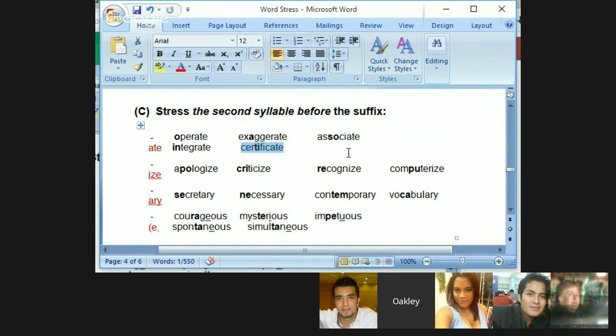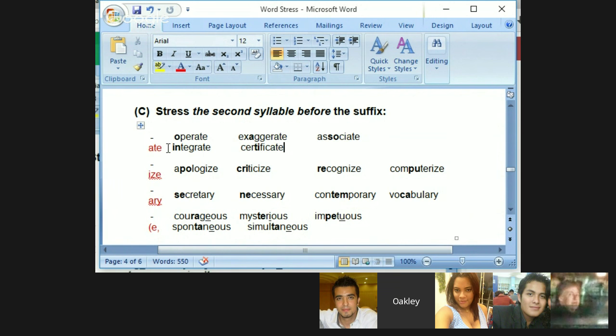So actually, adverbs are fairly easy to identify. We don't really have the problems. And furthermore, the -ly doesn't affect the root word pronunciation at all. So you really don't have to worry about adverbs. I guess I could have said that a lot earlier.